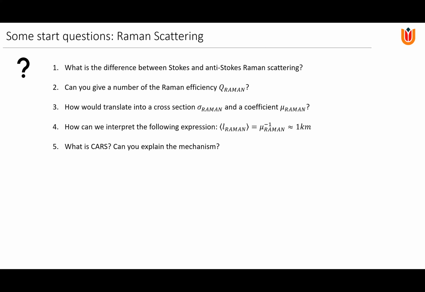It is the ratio between the powers. That's correct. But if you would translate that into the Raman picture, what would a Q Raman mean?